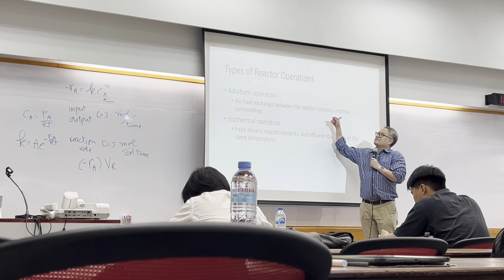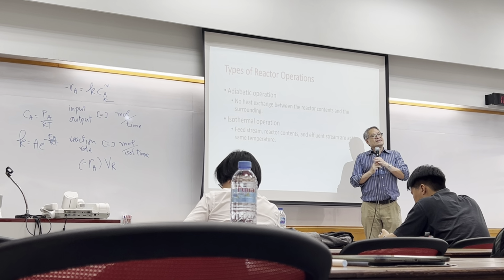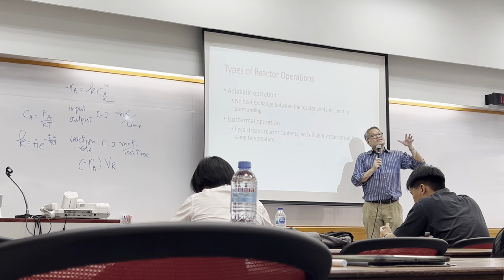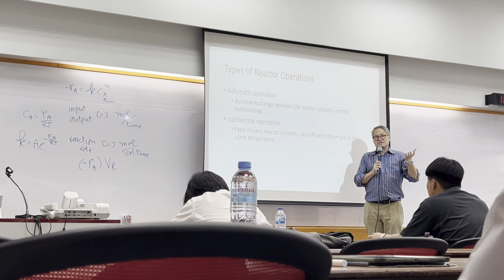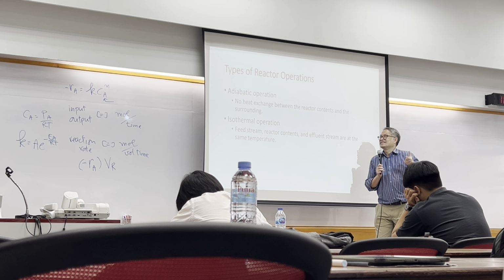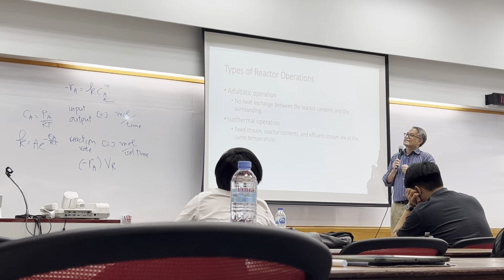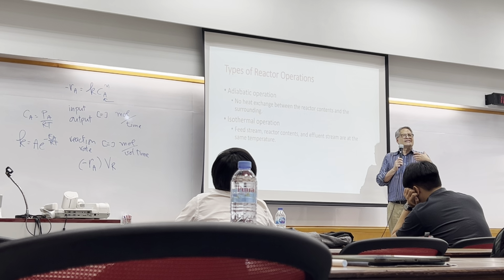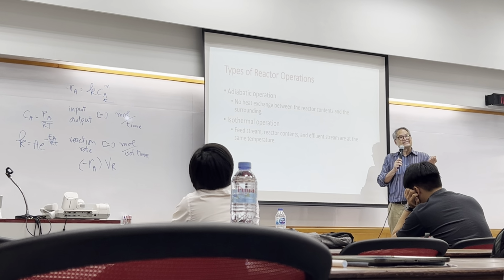Usually, you run adiabatic operation when the heat of reaction is not that large, so the change in temperature is not that big. That's when we choose adiabatic operation. I think the guideline is that the temperature should not change more than 10-15%, okay?